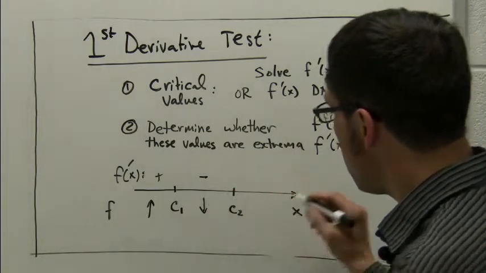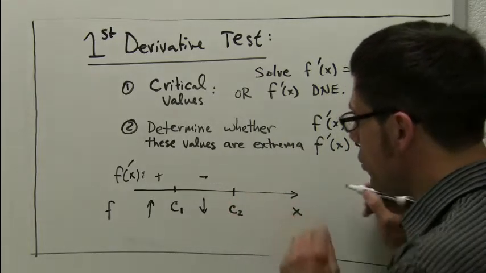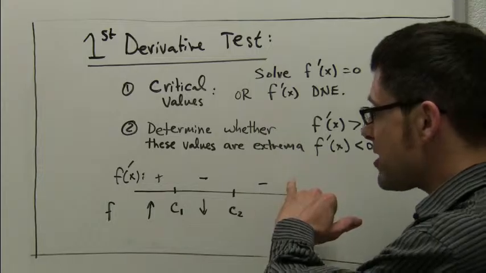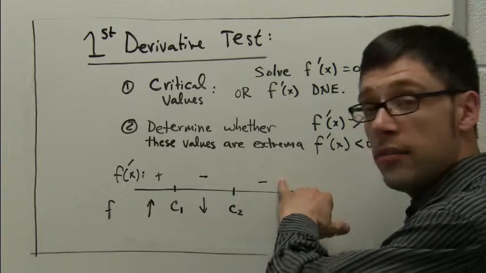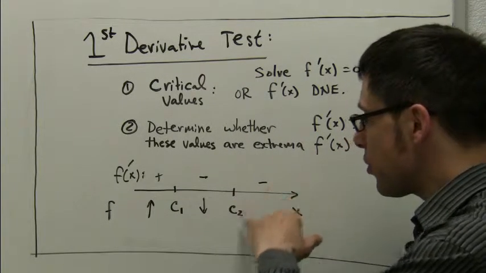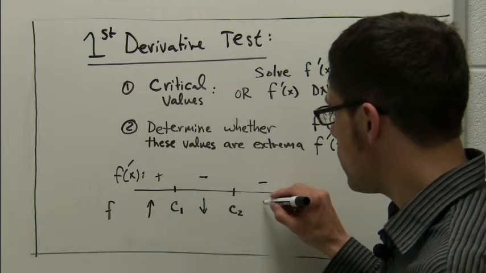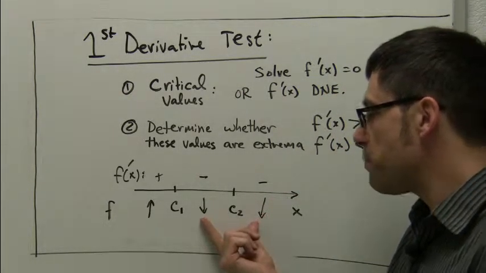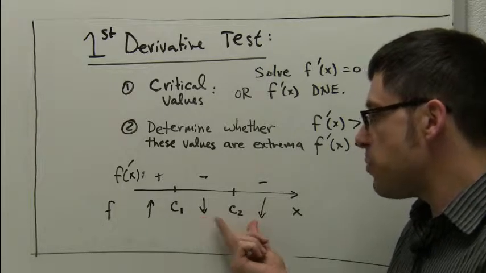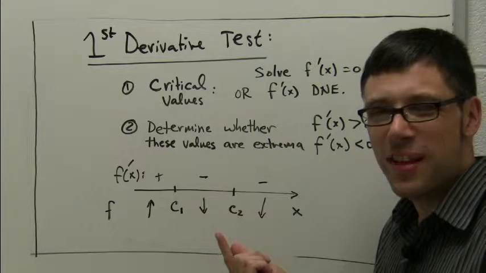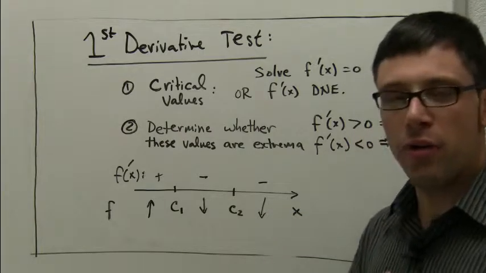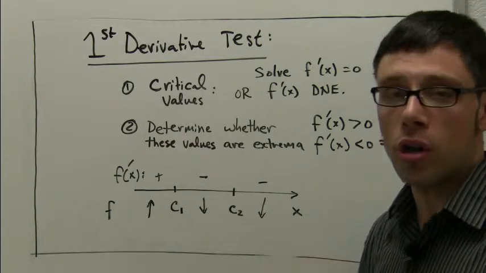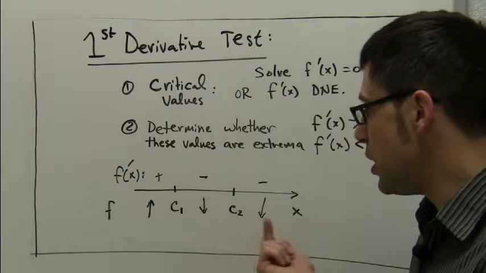However, if I take x values after C2 and get another negative sign, that is, the derivative has a negative value after C2, that means the function is still decreasing here. In this case, these points have failed the first derivative test, meaning that this is definitely a critical value, but it's not the location of a local minimum or a local maximum. The function's still decreasing.